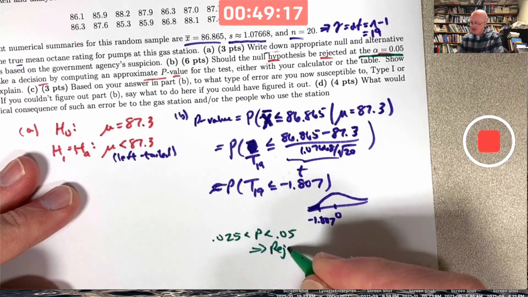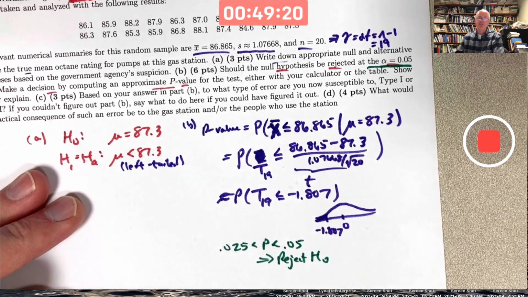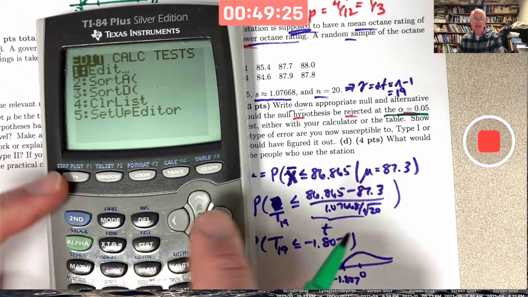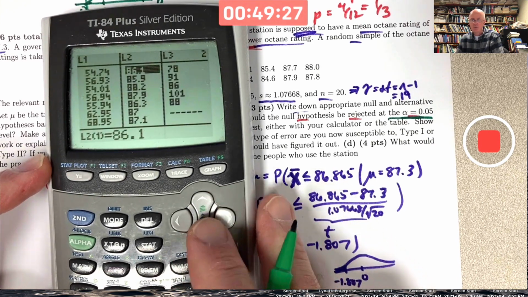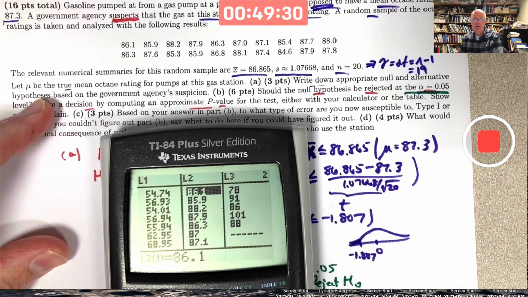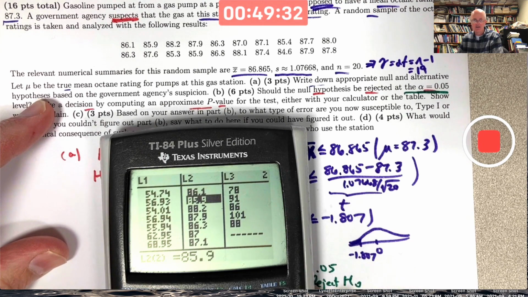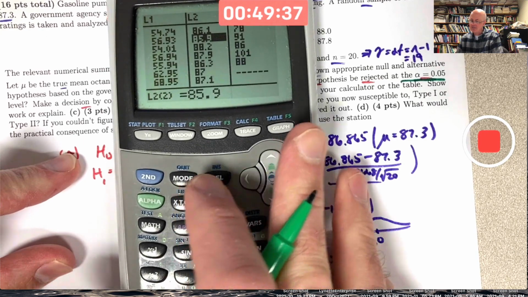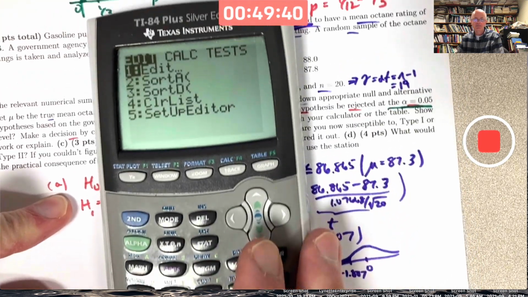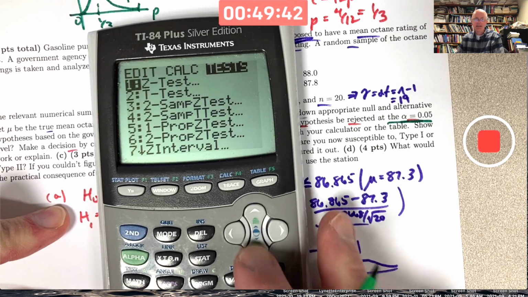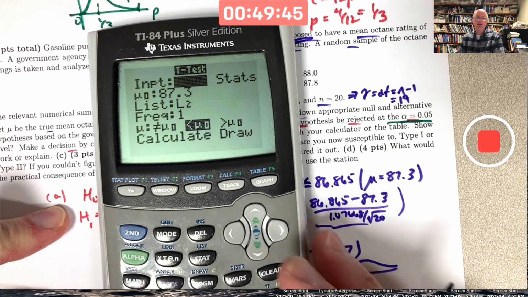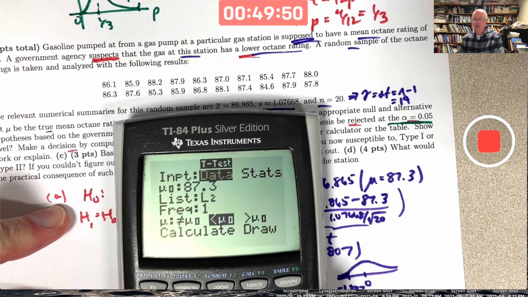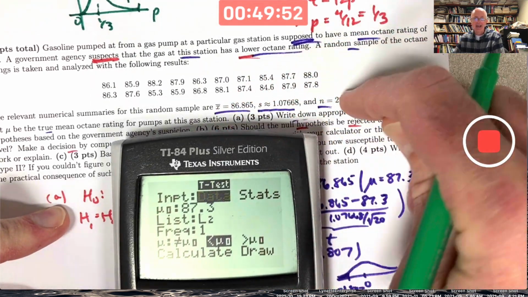Let's use the calculator to do this as well, to confirm this. The nice thing with the calculator is you could just use the statistics, and I do have in the stat menu in list 2 the numbers for this problem, 86.1, 85.9, etc. When you go back to the main stat menu and go over to tests and do t-test, you can use either data or stats, data meaning the actual data from list 2, or the stats that you see here, x bar, s, and n.